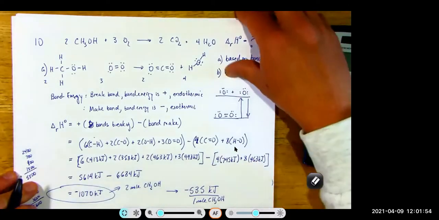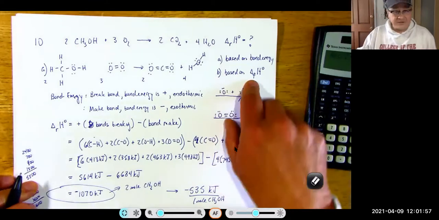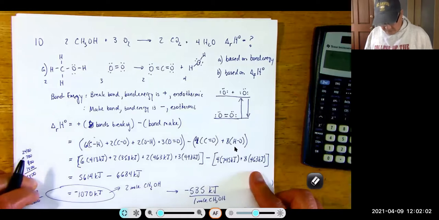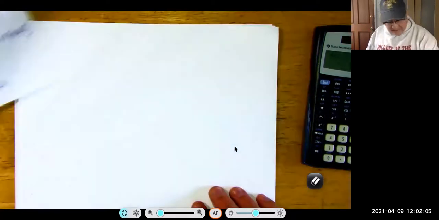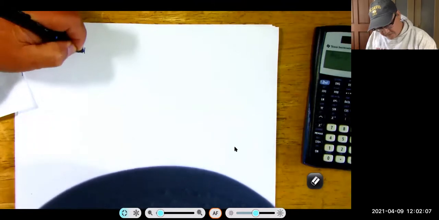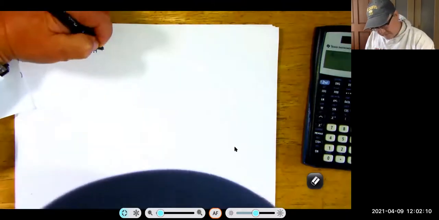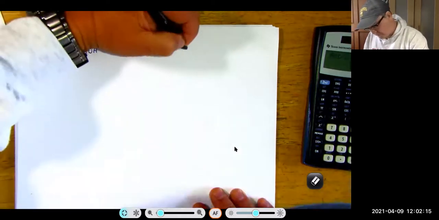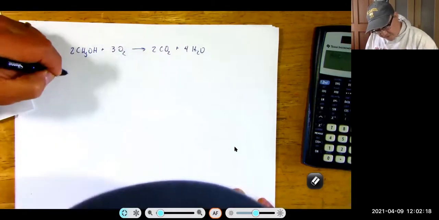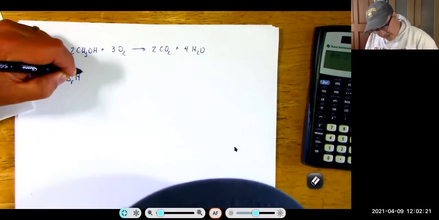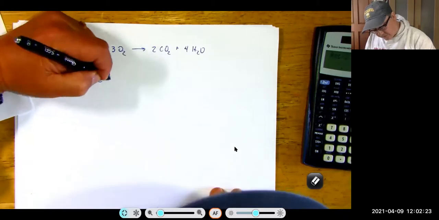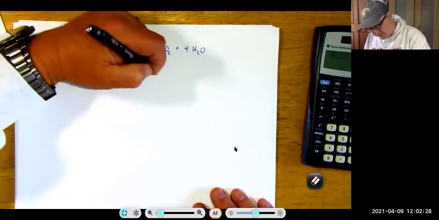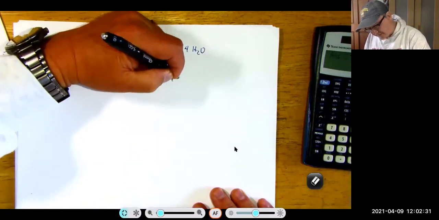Now we're supposed to figure this out based on enthalpies of formation. So here's what we do. We're going to write this again. And using enthalpies of formation, the enthalpy of reaction is equal to the sum of the enthalpies of formation of the products minus the sum of the enthalpies of formation of the reactants.